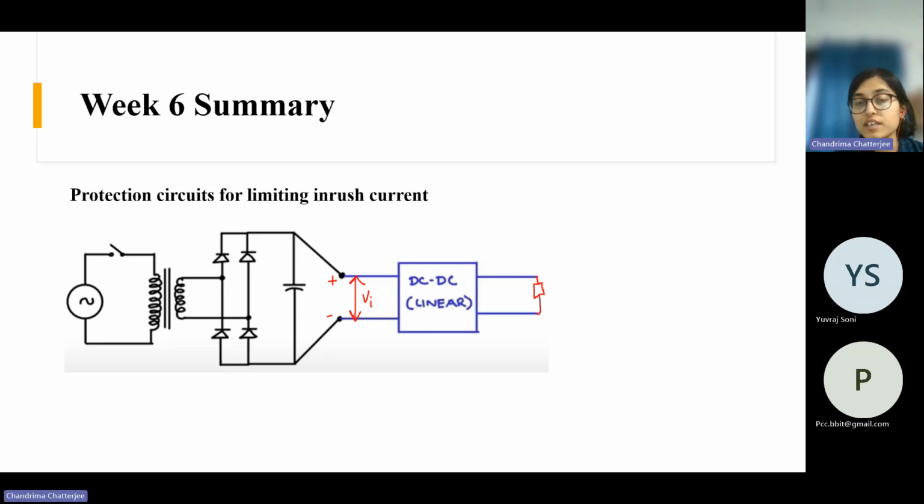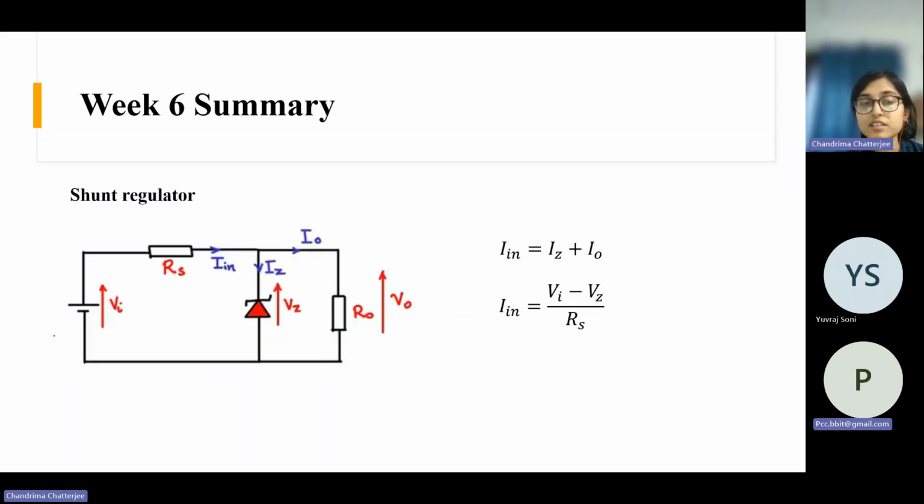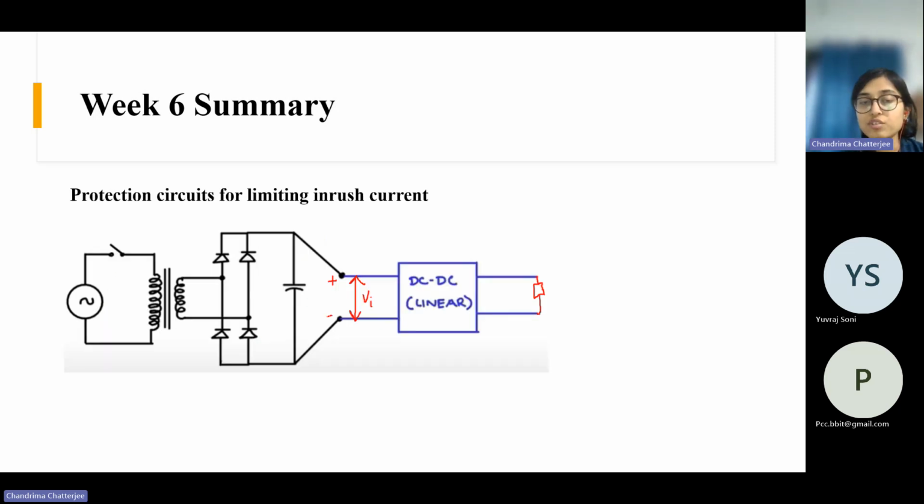So this is Vi. In our further discussions, we shall not include this big circuit. Instead of that, we will use this symbol to denote this voltage. But actually, this circuit is always there, and at the output of this circuit, we are getting this Vi.